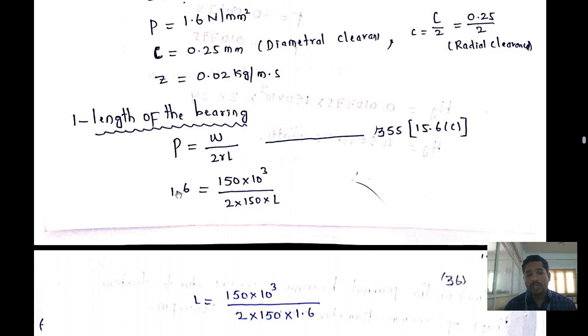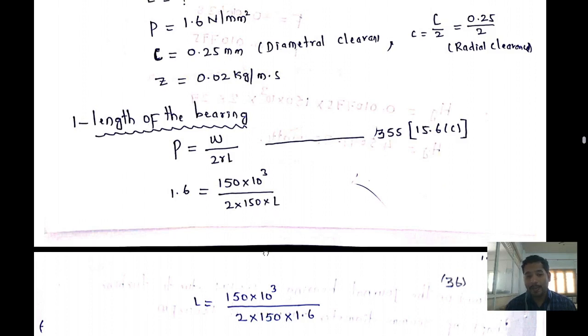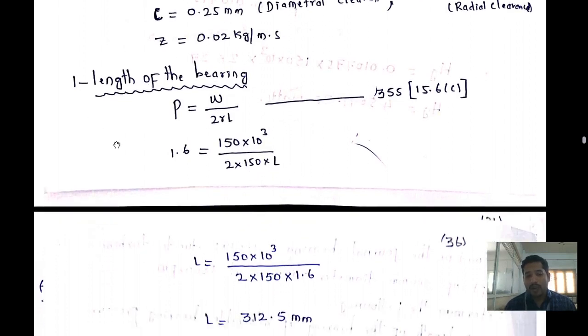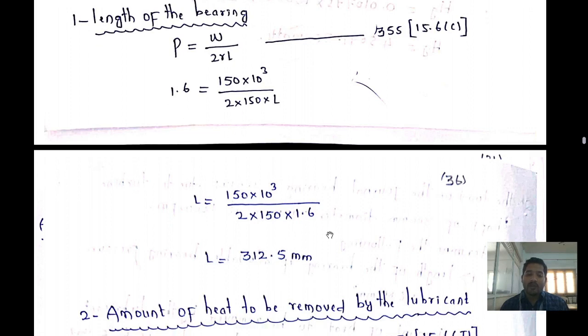So the pressure is 1.6 equal to the load acting on the bearing, 150 into 10 power 3, divided by 2 into R, which is 150, into length L. If you cross multiply, 1.6 into 2 into 150, and the 150 into 10 power 3 as it is, and divide 150 into 10 power 3 by 2 into 150 into 1.6 with the help of a calculator, then you will get the length of the bearing as 312.5 mm.